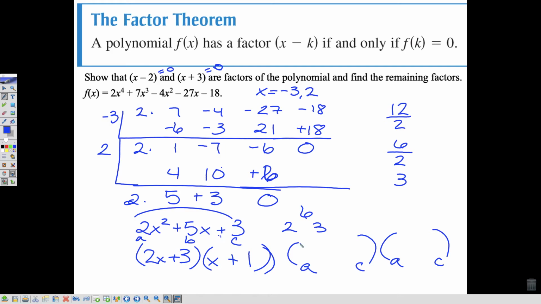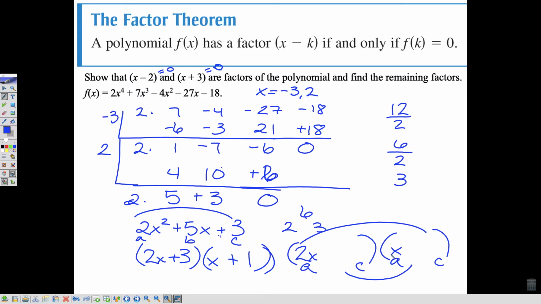The multiplication combined gives you your B. So the only factors of 2 are 2 and 1, and the only factors of 3 are 3 and 1. That gives me my 2 and my 3 that I was looking for.